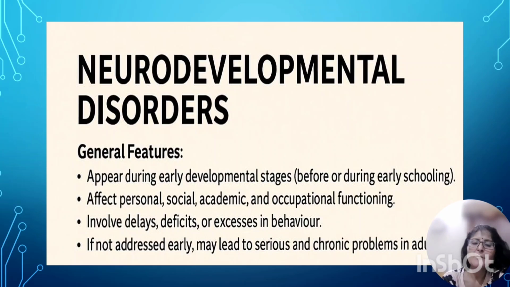So next in your syllabus is neurodevelopmental disorders. See, these types of disorders are related to some or other neurological issues in your brain, and they get detected during the early developmental stages, like before or during early schooling. In the preschool years, you will be able to detect this as a special educator or as a specialized psychologist.